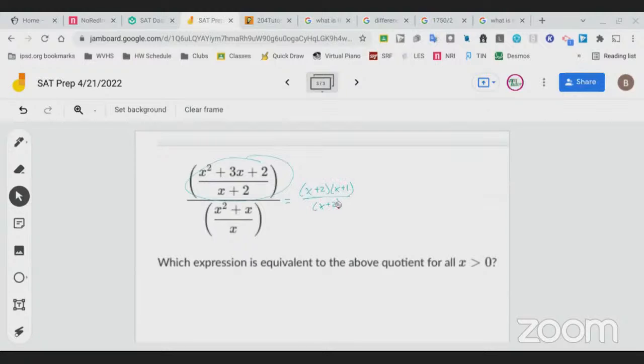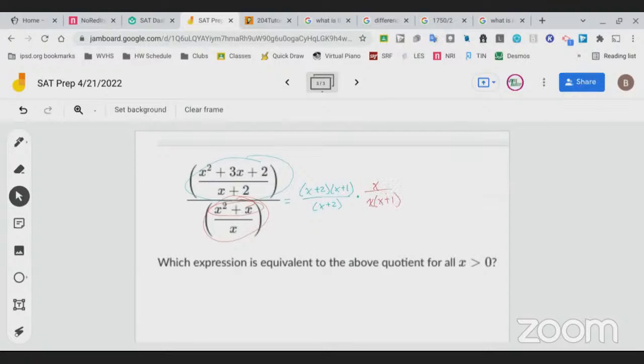You see that? Times, and then we're going to take this one and flip it and multiply by it. But I'm also going to factor this out. What factors out of x squared plus x? X. Good. And I'm left with x plus 1, right?